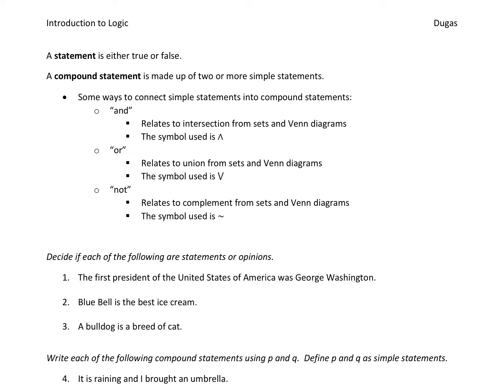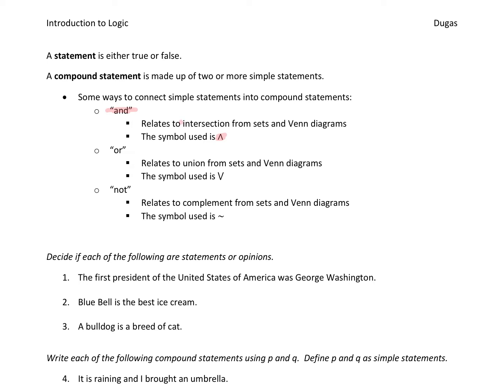A compound statement is made up of two or more simple statements. Some common ways to connect simple statements into compound statements is the word and. And in symbols is this upside down V. And is similar to intersection.